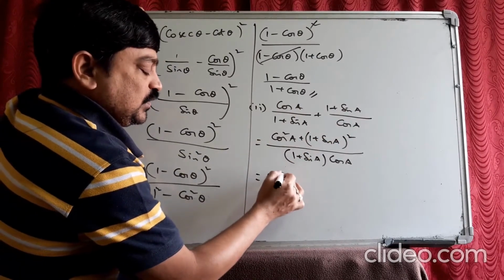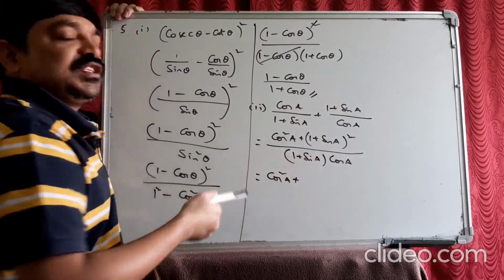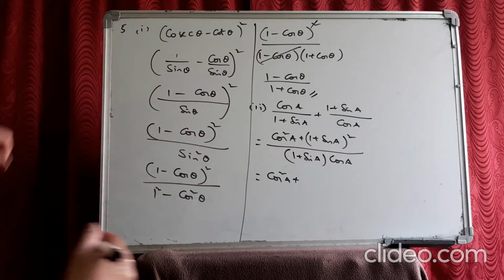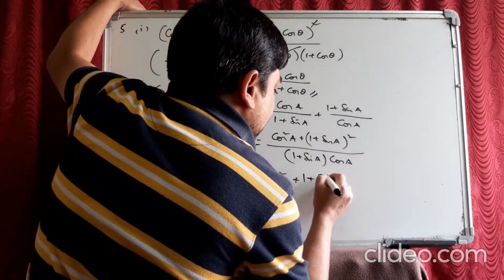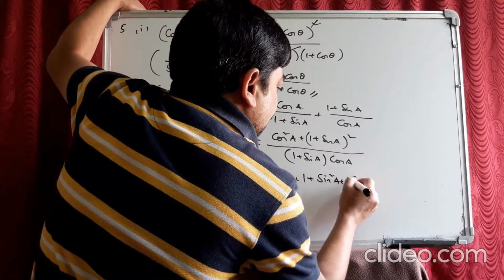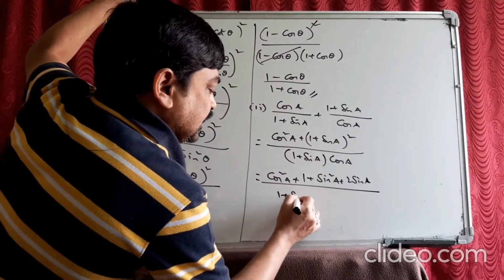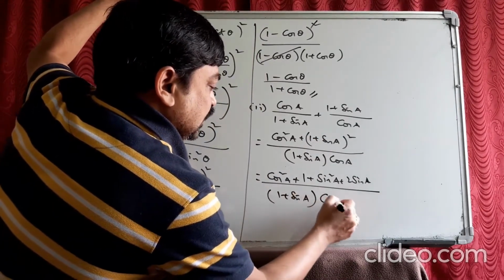Now when you expand this bracket, it looks like (A plus B) whole square, which can be taken as A square plus B square plus 2AB, by (1 plus sin A) into cos A.